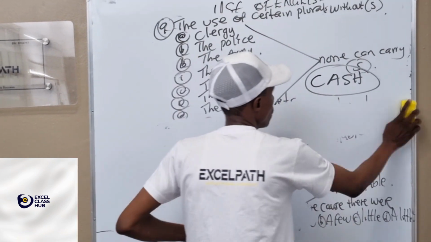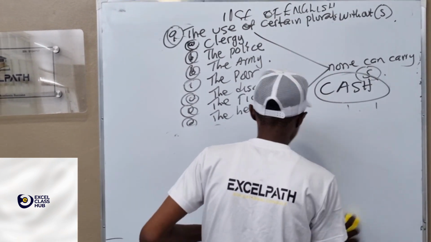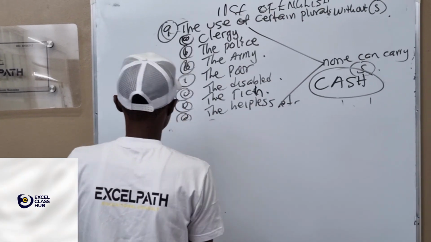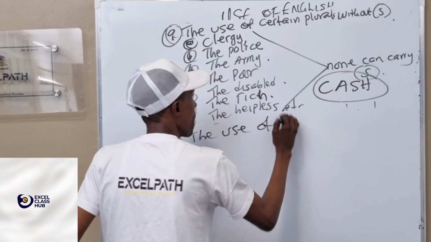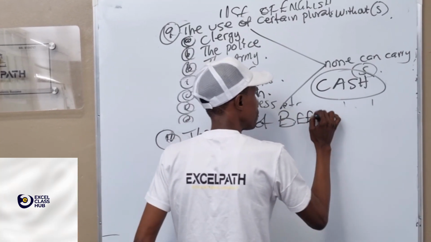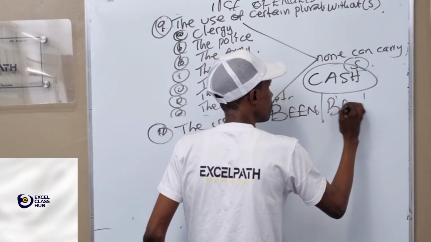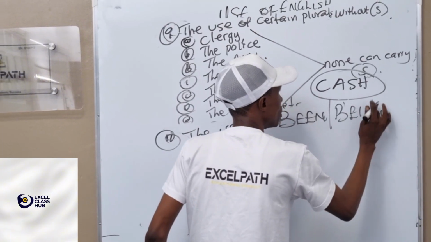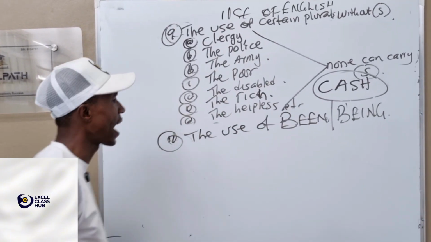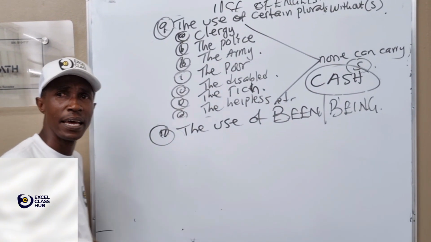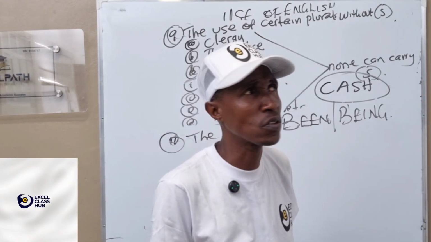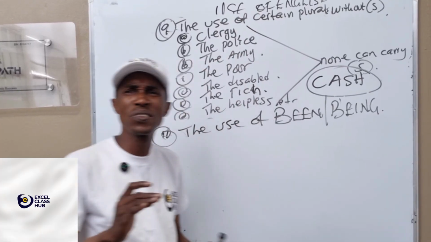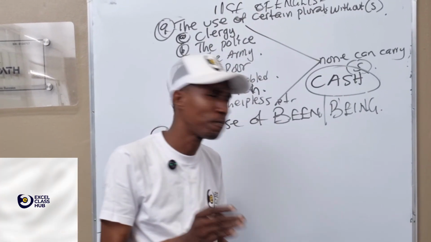Now, finally on this part, we want to make use of the next principle, which is the use of been / being. Whenever you see any of these questions, there are principles you must follow.